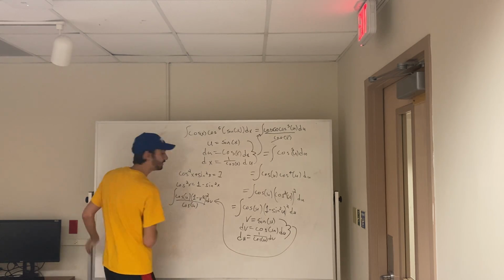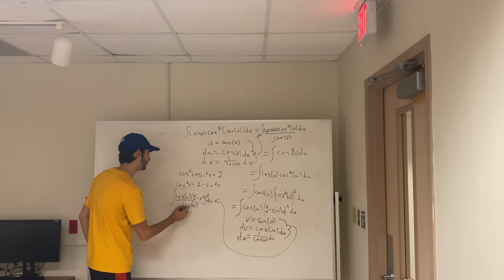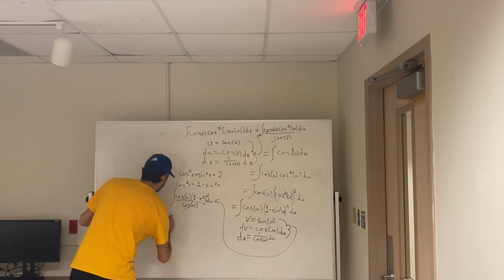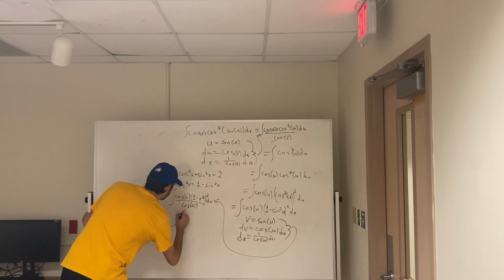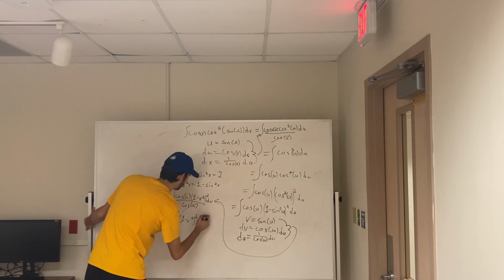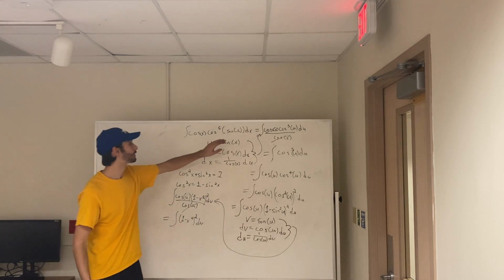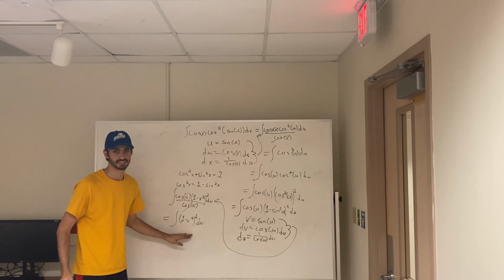And just like earlier, we have an identical numerator and denominator that we can cancel out, and that's going to give us an answer of the integral of 1 minus v squared dv. Okay, so we went from this to this.